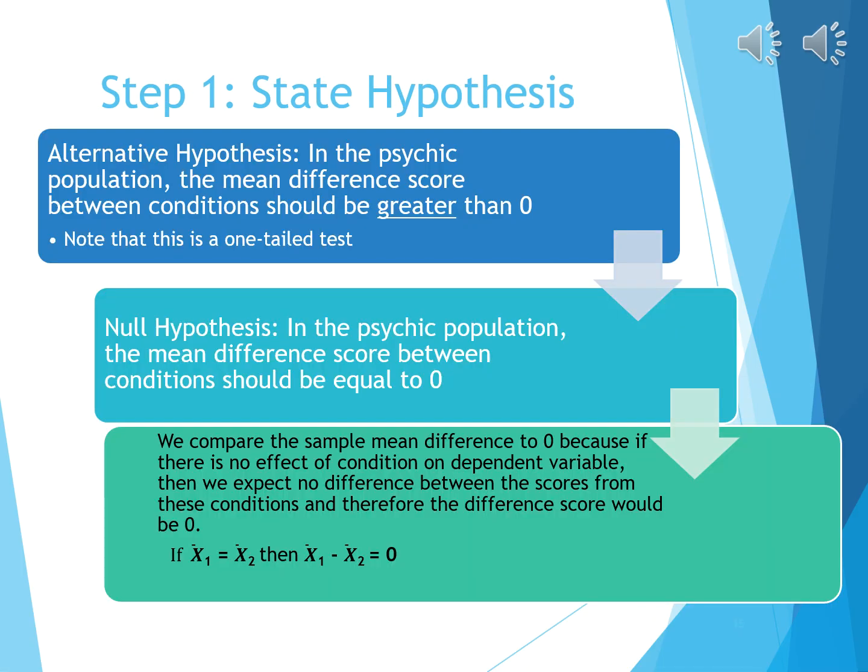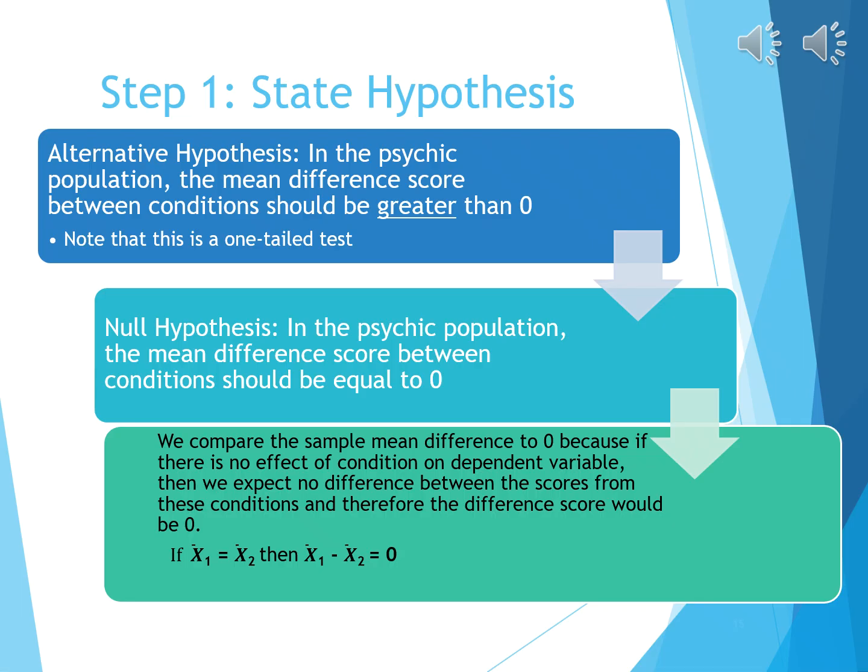So that's one way to talk about the alternative and null hypotheses. Here's the other way, maybe more of the scientific way to talk about it. In the psychic population, the mean difference score between conditions should be greater than 0. So what would that mean?